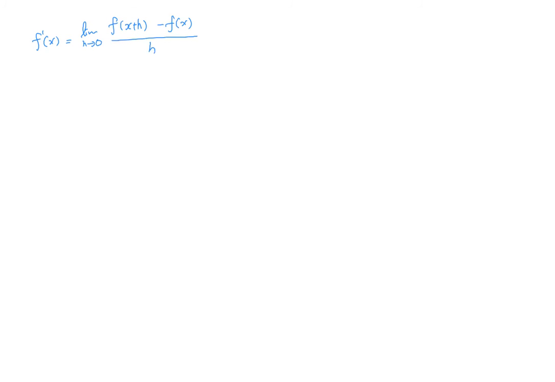This is to find the slope function. If I want to find a specific value, then I will substitute a specific value there. If I want to find the specific slope, I will put in the value of a. Okay, this is specific.